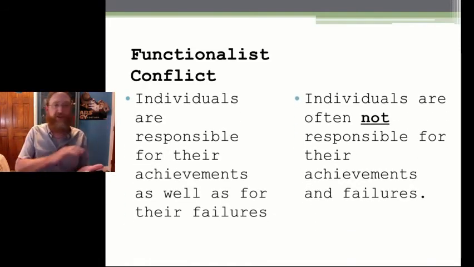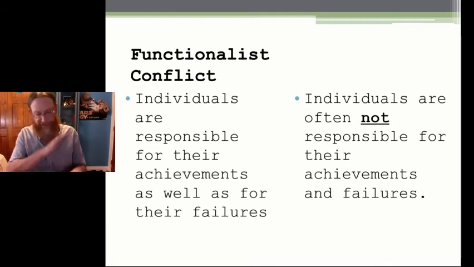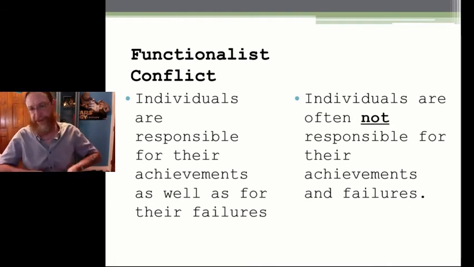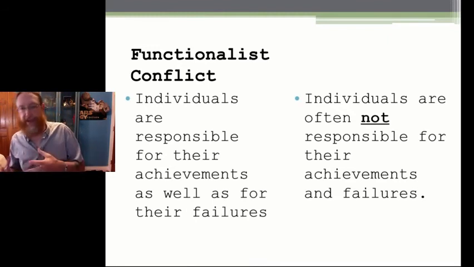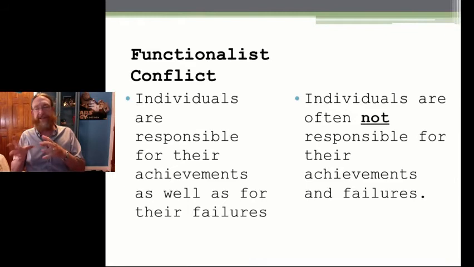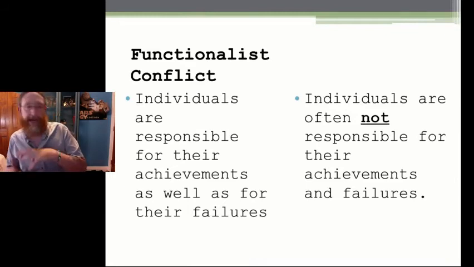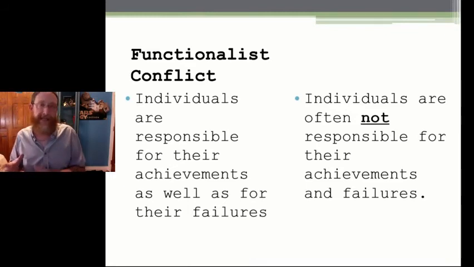Functionalists on the left: individuals are responsible for their achievements as well as their failures. That's that pull yourself up by your bootstraps. And according to conflict, individuals are often not responsible for their achievements or failures. And of course, those people are responsible for their failures and their achievements. However, what we're going to look at in conflict is that we know that there are systemic inequalities built into our system.